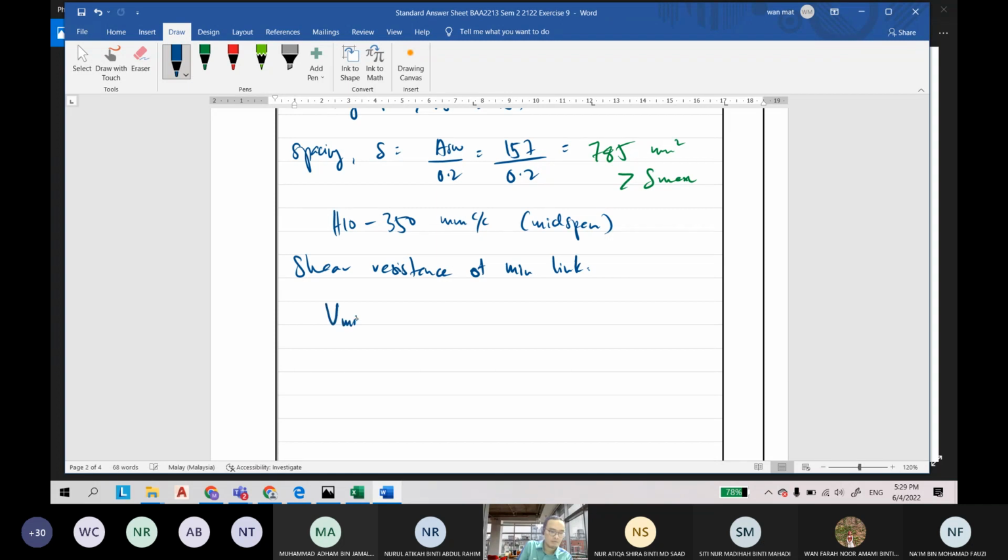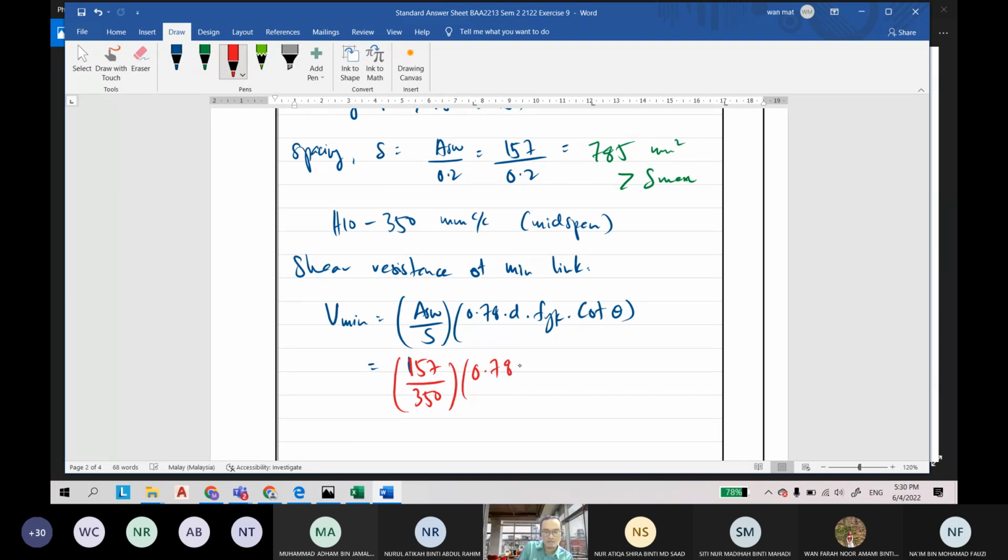V minimum is equal to ASW over S times 0.78 D FYK times cotangent theta, which is 157 divided by 350, the S, and then 0.78 times 500 times 500 times cotangent theta 1.6.